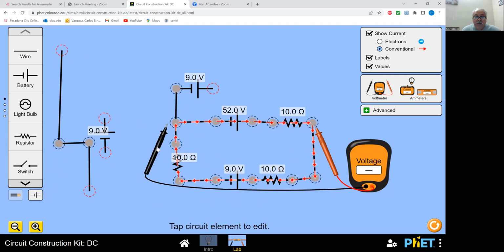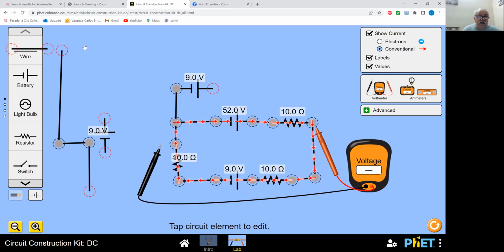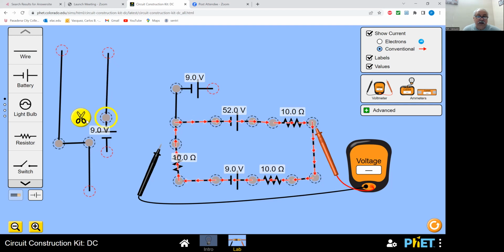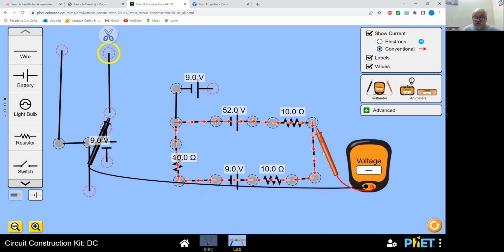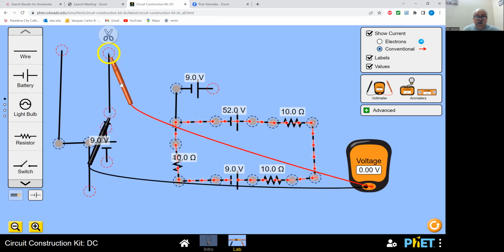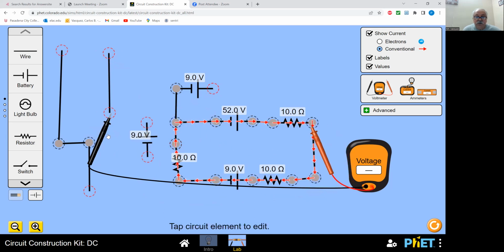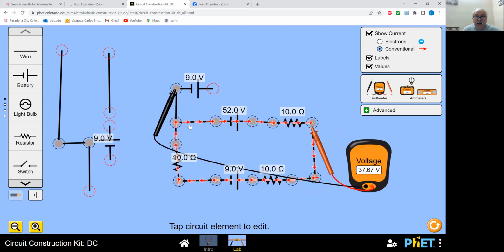Why? Look, because right here now the difference is gonna be from here to here. That's the new difference in potential. It gives us the difference one more time from here to here, which is less than this difference. You see it? Okay, perfect.